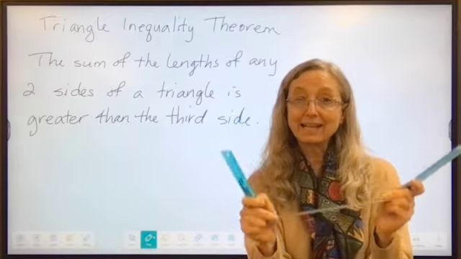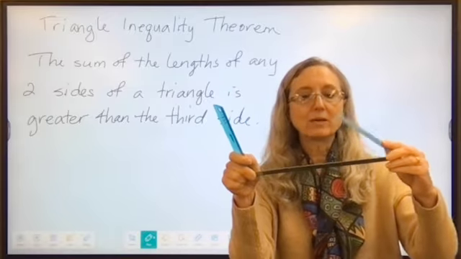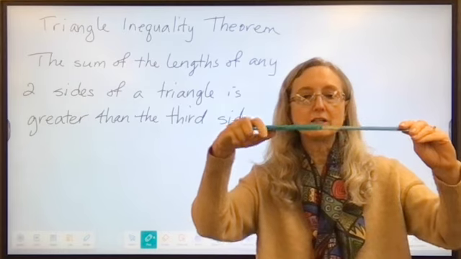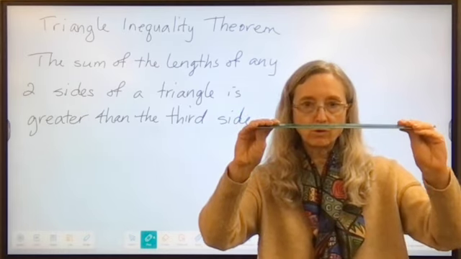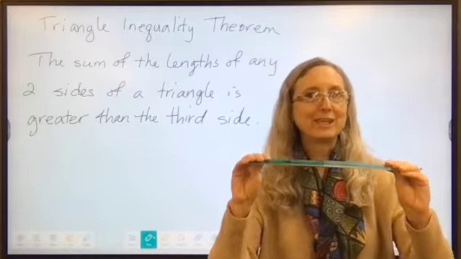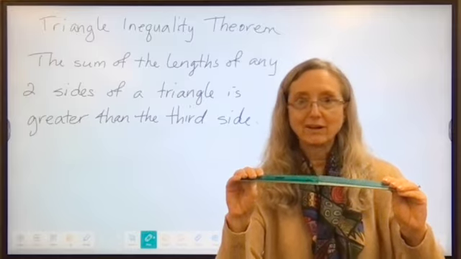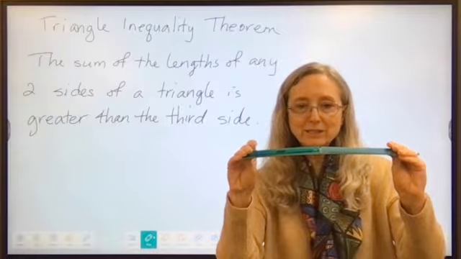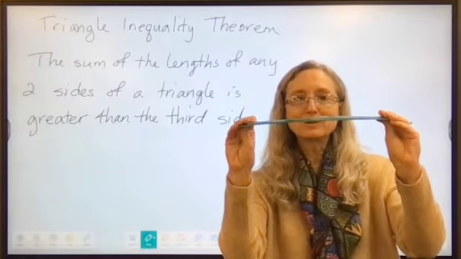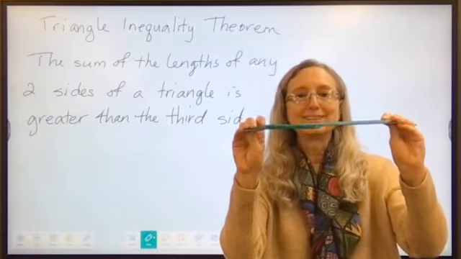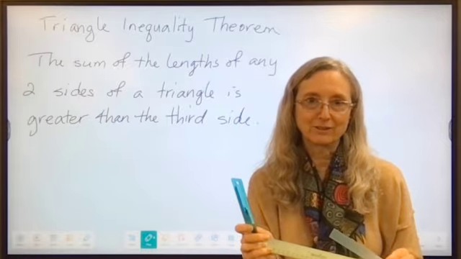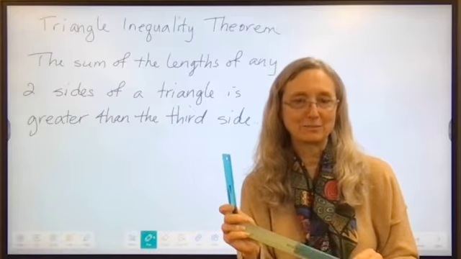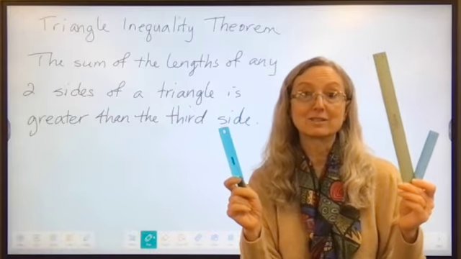Even if they're exactly the same length, they will still just touch on top of the ruler and not form a triangle. They don't have to be a lot bigger, just a little bit bigger. You could still make a crazy thin triangle, which I'm trying to show here, but they have to be bigger. They can't be equal. They can't be smaller. This is why.